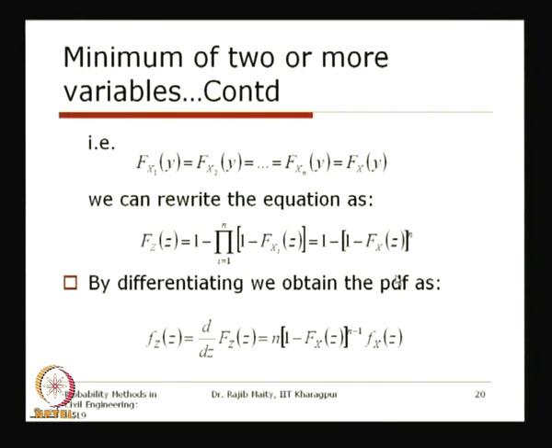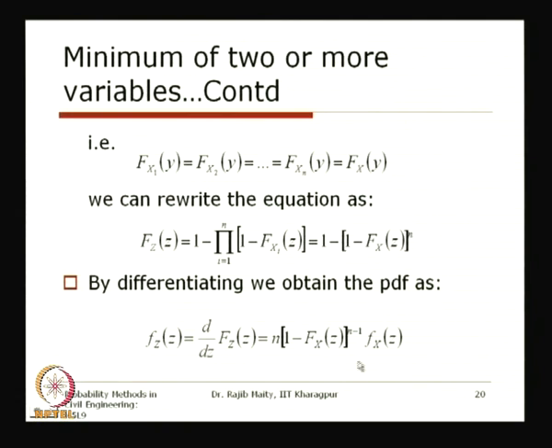Now if we differentiate this with respect to z to get the PDF of z, we get n multiplied by 1 minus Fx(z) to the power n minus 1, multiplied by fx of z.